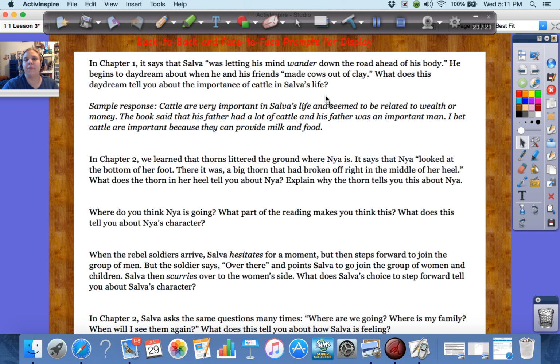So, what do other people think? You would find a partner, stand back to back with them, and don't ram into them. You don't have to touch them. Be respectful of their space. Wait for the question or opinion that you're going to be asked to share with your partner. These would be the questions.